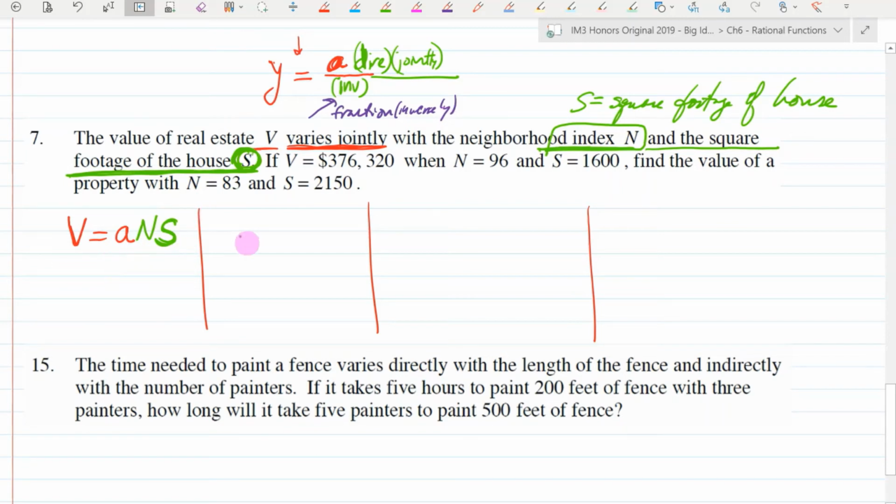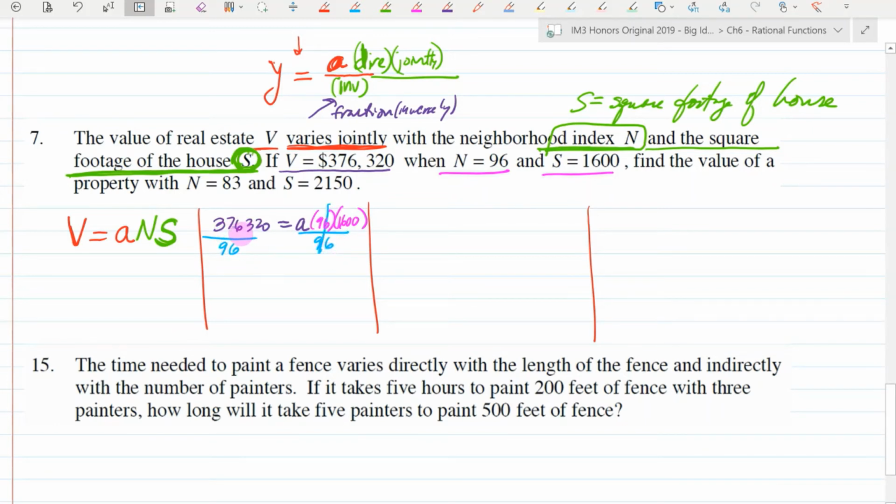All right, next, second column, we solve for A. Remember, always in the second column, solve for A, and please use correct variables. So V is 376,320. A is what we're solving for. N is 96. S is 1,600. Okay, so I'm going to divide both sides by 96.